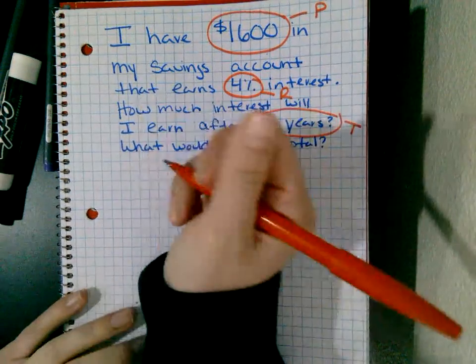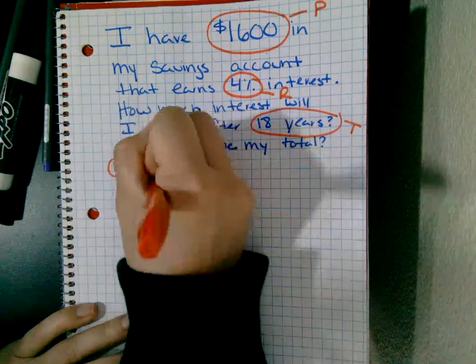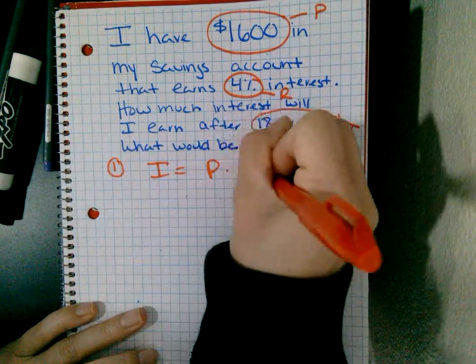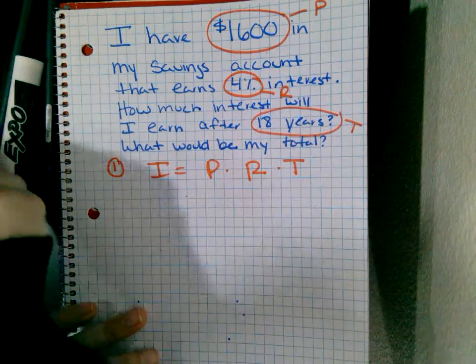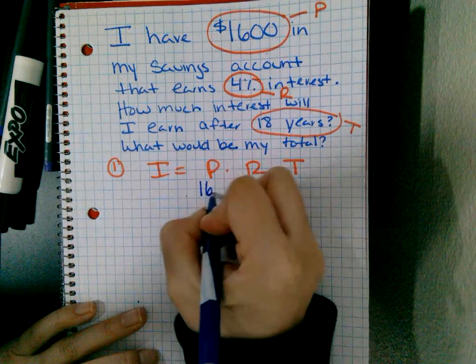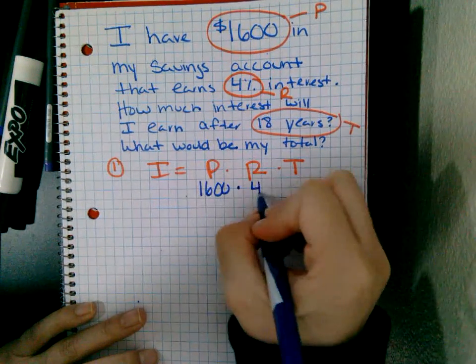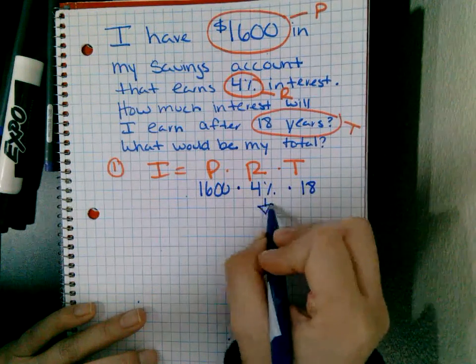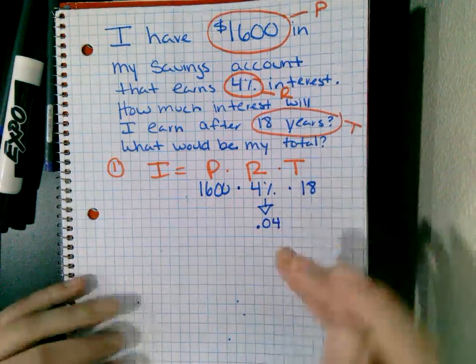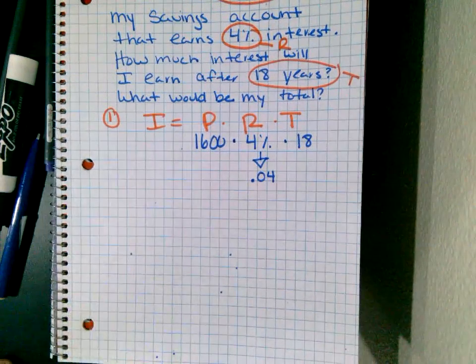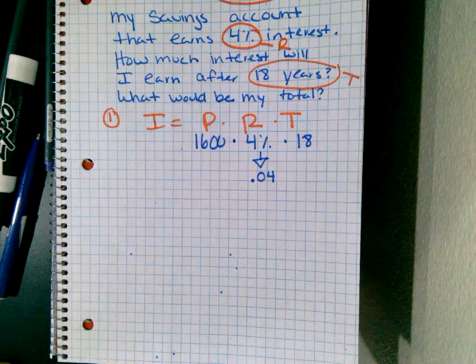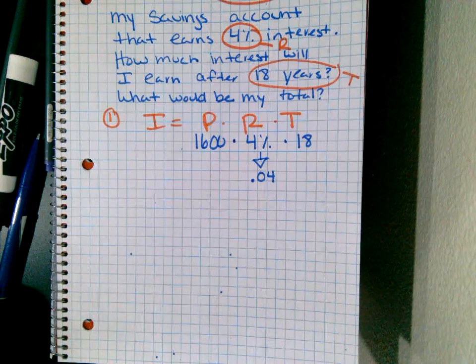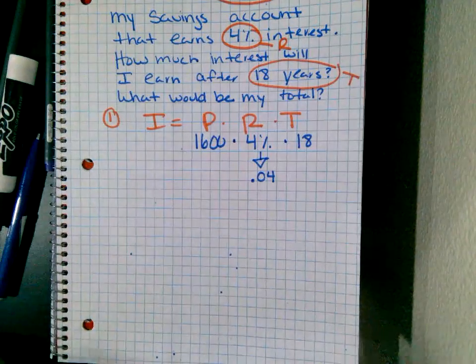All right. So remember that step 1 is interest is equal to P times R times T. So for interest, the P is 1,600, times the rate of 4%, times 18 years. Now 4%, remember, is 0.04.